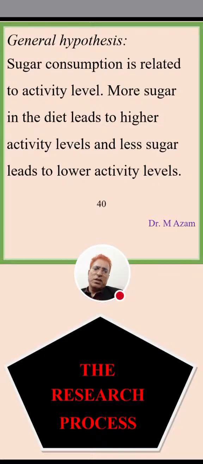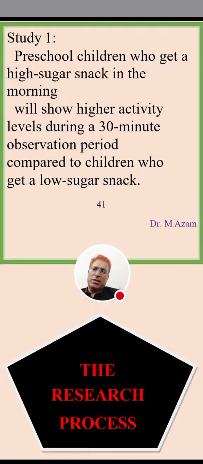More sugar in the diet leads to higher activity levels, and less sugar leads to lower activity levels. It is a general hypothesis, so it can be tested with different studies.